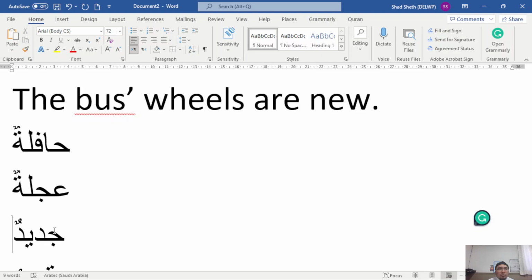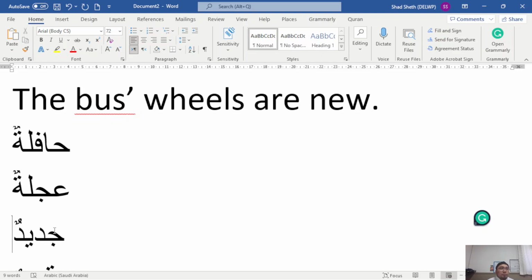Ajalatun hafilatun. You say mudah ilaih, but then you don't apply the rule. Ajalatu is the second part, after that hafilati. You say mudah ilaih, right? But you're not applying the rule. Ajalatul hafilati jadidatun.